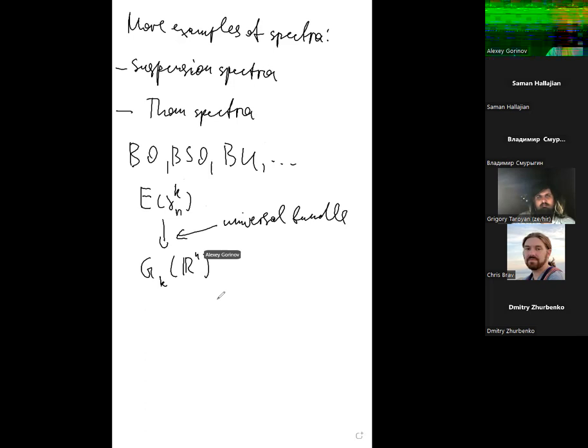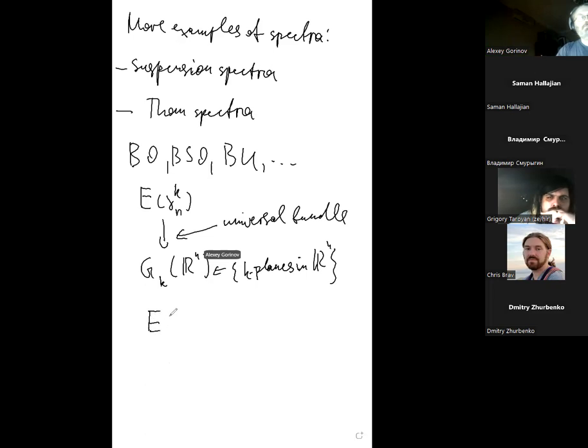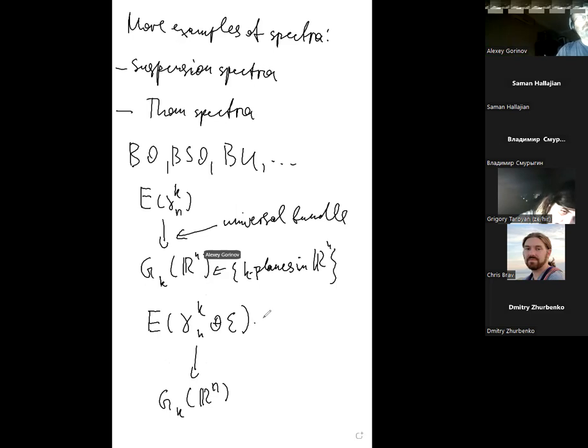Well, there are Grassmann manifolds, which are probably familiar to everyone, and there are universal bundles over the Grassmann manifolds. So we have the following diagram which commutes.